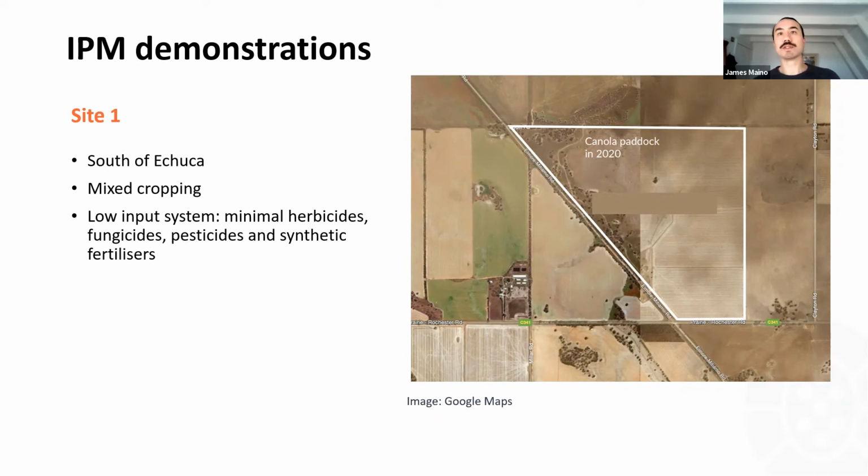So just very quickly here, we've got a site south of Echuca, mixed cropping, low input system with minimal herbicides, fungicides, pesticides, and synthetic fertilizers. So we'll be comparing that against the more conventional, or just standard for the region, red-legged earth mite management.